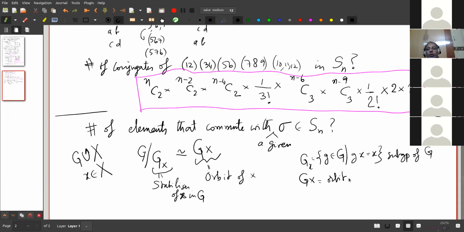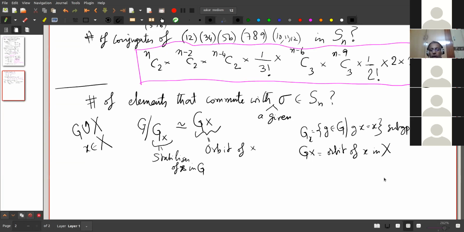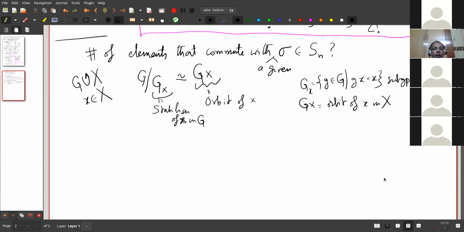Okay, so let us look at this orbit of X in X. What this tells us in particular is that this is an isomorphism, and this is what is called a G-isomorphism. That is, there is an action of G on this side, there is an action of G on this side, and there is an isomorphism which respects the G action.